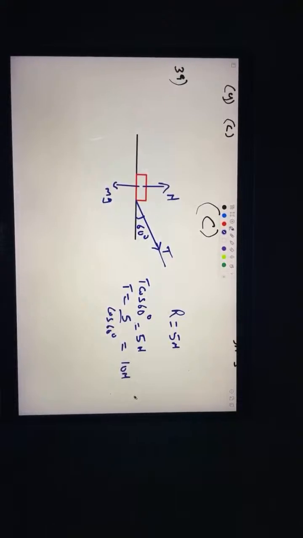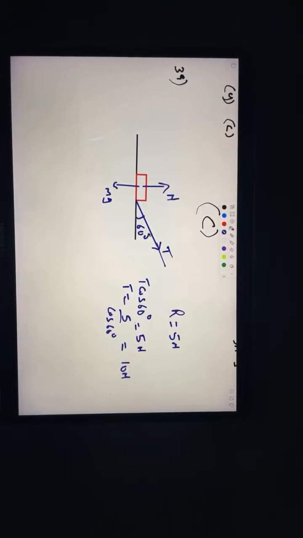Now the next thing we want to get is the weight of this object. To get the weight of the object, we have to do a little bit of math. We will do vertical resolution. In this vertical resolution, there are three different forces acting. We have the normal reaction acting upward, the weight acting downward, and the tension in the string acting in this manner.